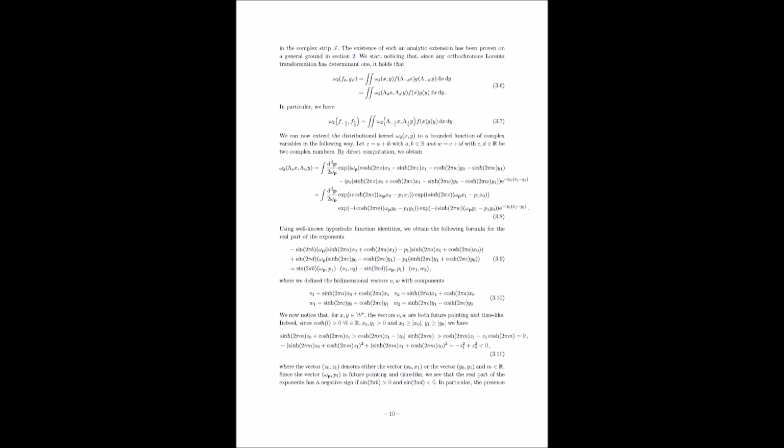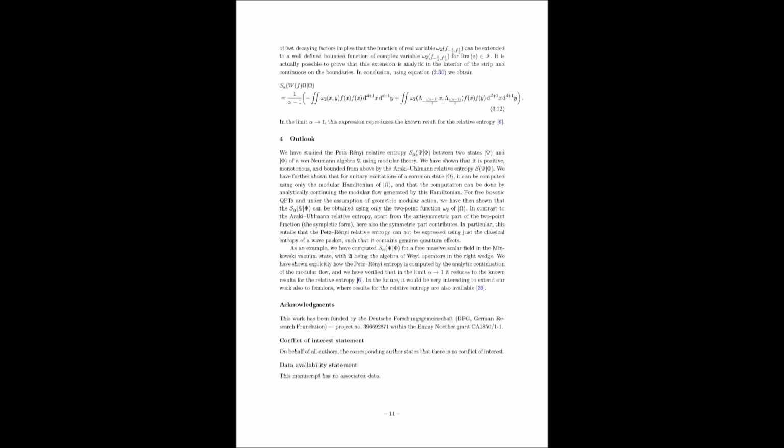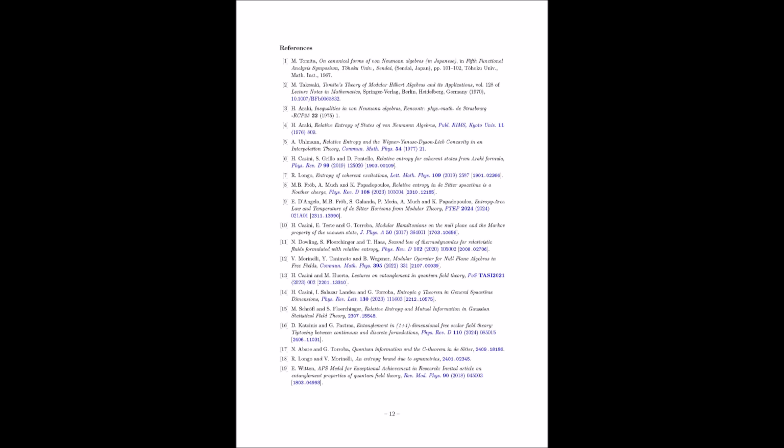Exactly. They emphasize that unlike the relative entropy, which can sometimes be interpreted classically, the Petz-Rényi relative entropy captures genuinely quantum effects. It's a window into the weird and wonderful world of quantum mechanics. It's like we're seeing a new layer of reality, a layer that classical physics simply cannot access. That's a fantastic way to put it.